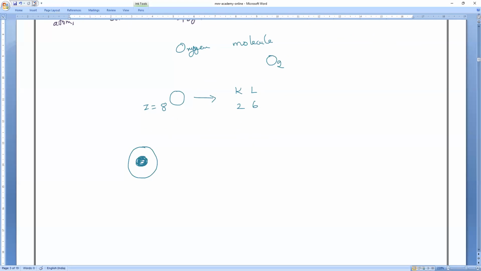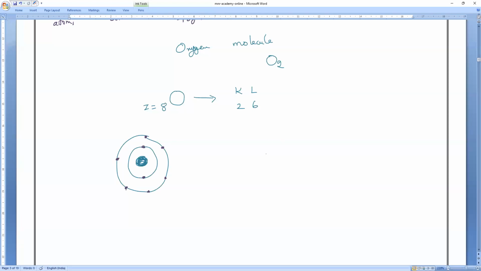How many electrons in the second shell? 6 electrons. So to become stable in nature, how many electrons does it need in the valence shell? It needs 2 electrons.